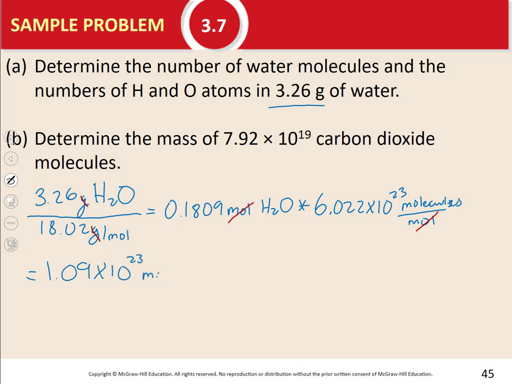And this is now molecules of water. Everybody still with me?